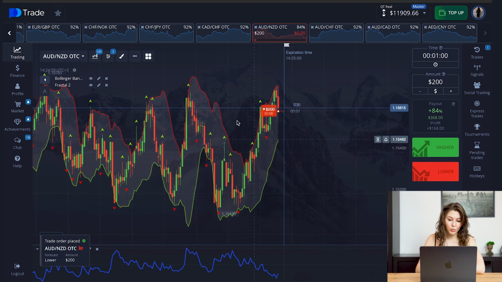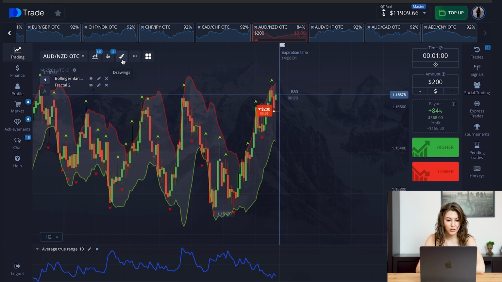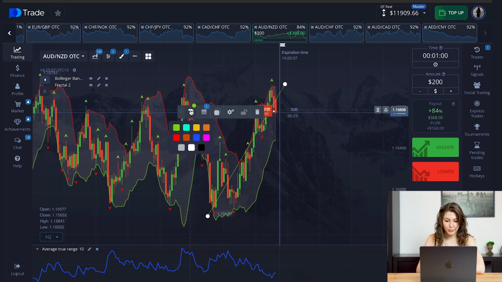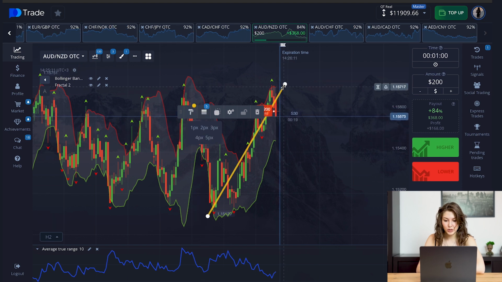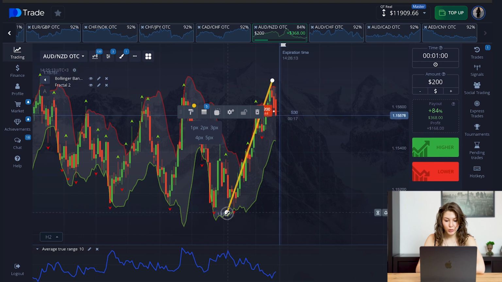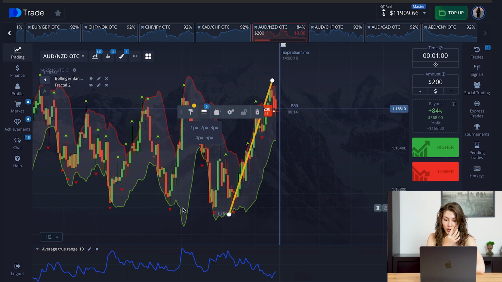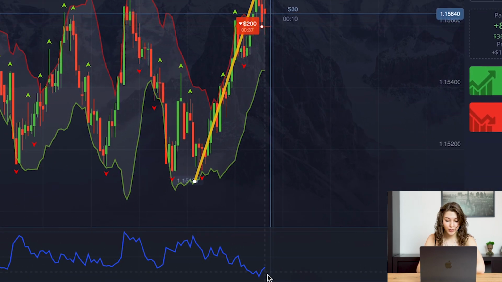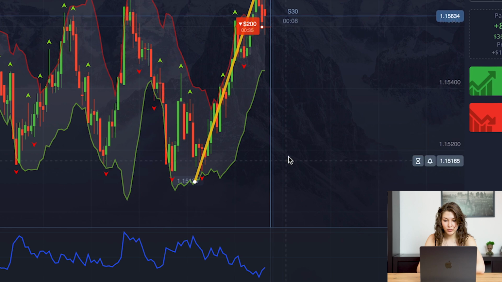So as you can see, we have the first part of the curve right here and we trying to compensate it. Let's put it for the yellow, for the 5, so you can see it very clearly. We're working with the curves on this market very clearly. You can see it from the graphics and from the average to range, showing it very nicely.